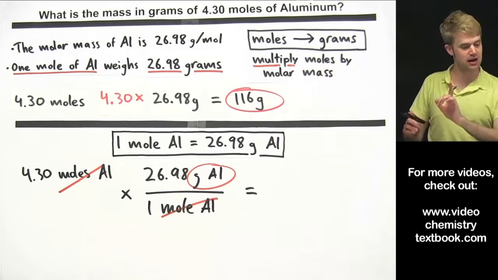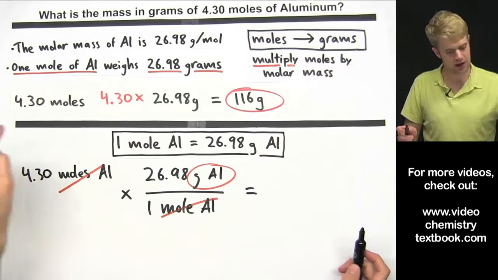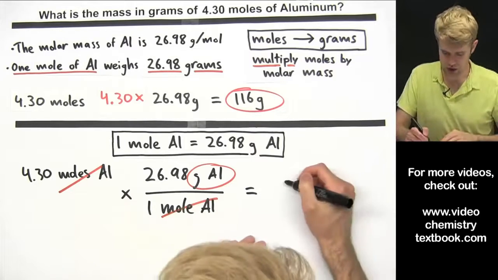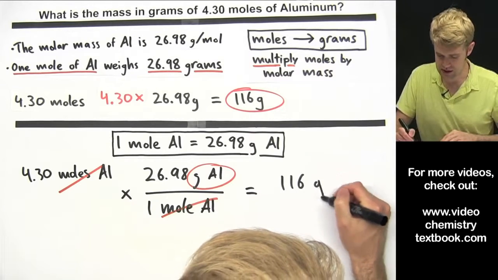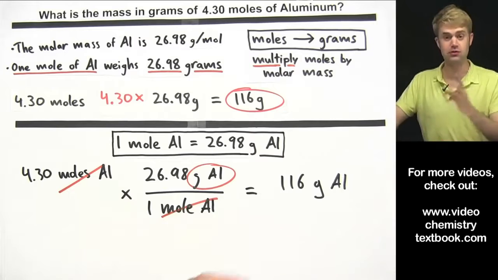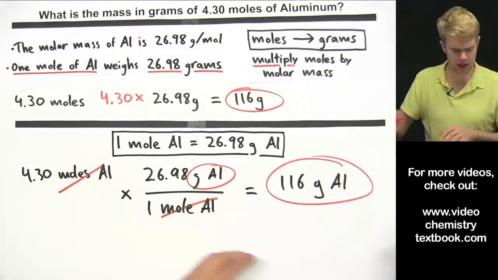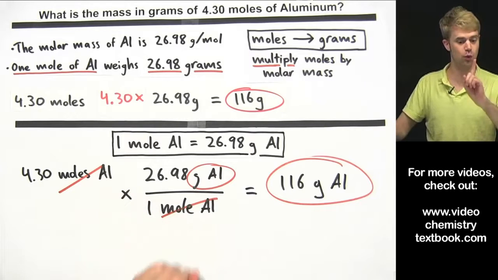Now the math that we do is this times this divided by 1, which is going to give us 116 grams of aluminum, rounded to 3 significant figures, because there are 3 significant figures in here, and we don't worry about the number of significant figures in 1 here.